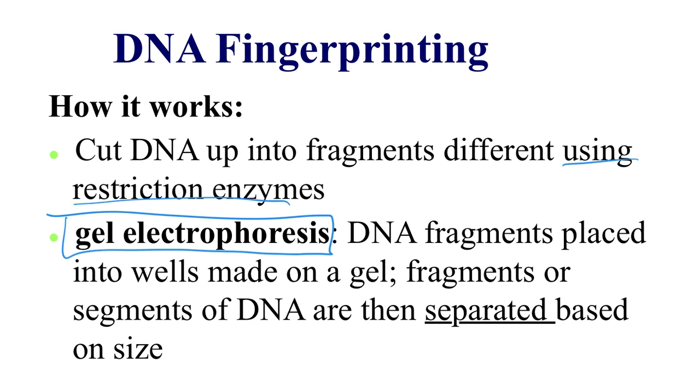And then the fragments of different sizes are separated in an electric field. And they're separated based on their size. The smaller ones move faster in the electric field, and the bigger ones move slower.